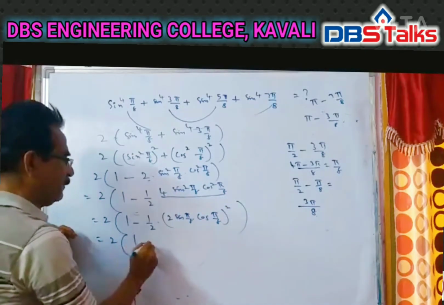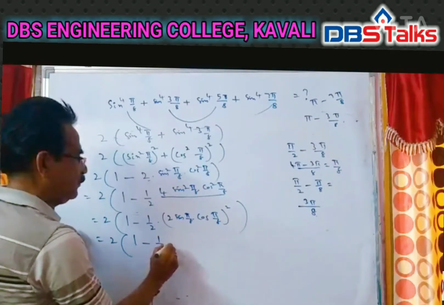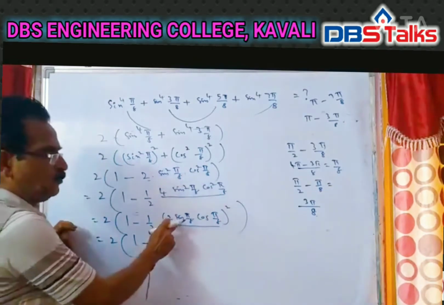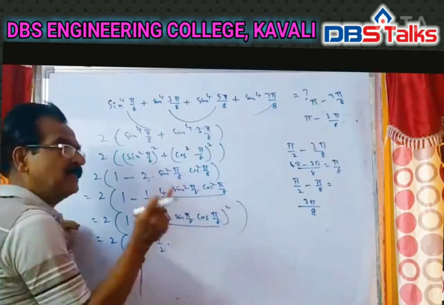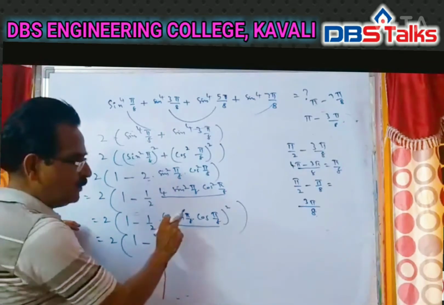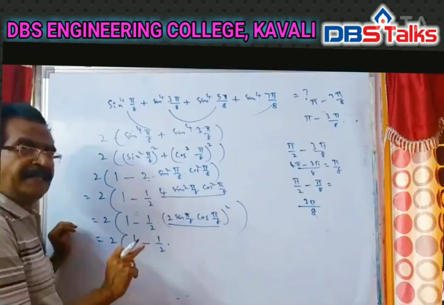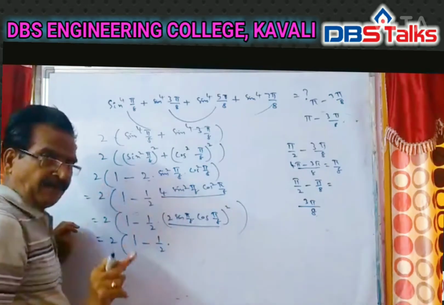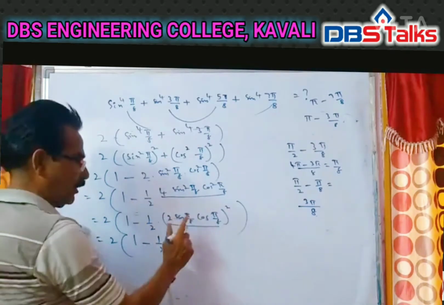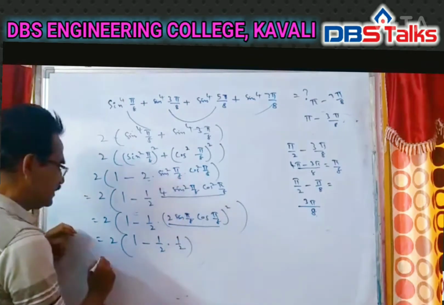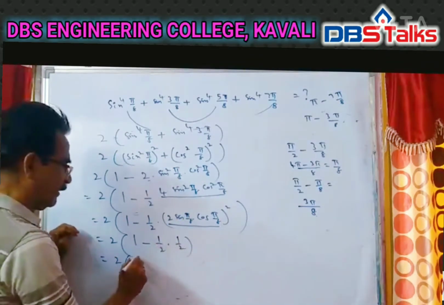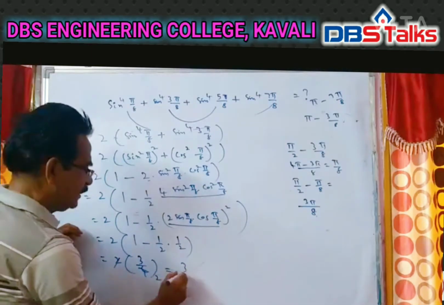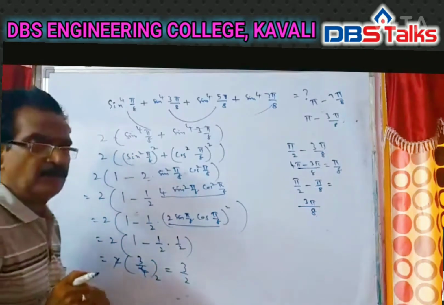So 2 into 1 minus 1 by 2 into this expression, the value of this expression is 2 sin theta cos theta, sin 2 theta, sin 2 into pi by 8, which is sin pi by 4 whole square, which is 1 by root 2 whole square, that is 1 by 2. This is equal to 2 into 1 minus 1 by 4, that is 3 by 4, 2 2's. So the value of this expression is 3 by 2.